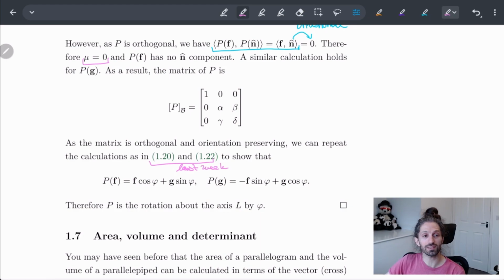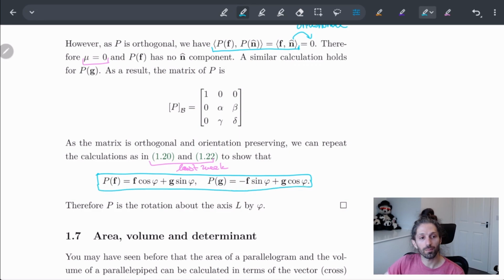And in essence, if we look at these kind of calculations and we look at P of f and P of g, then we're going to be left with these 2 formulas. And therefore, P is the rotation about the axis L by a phi. And that's it.